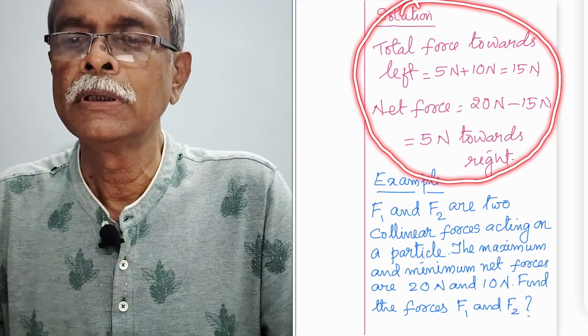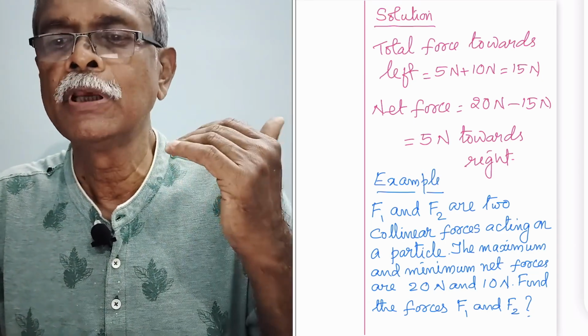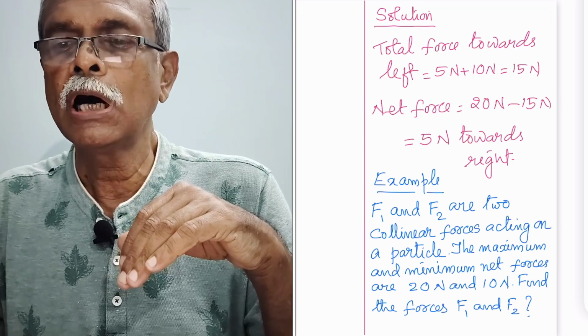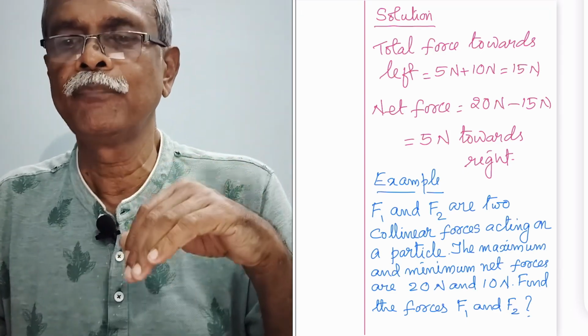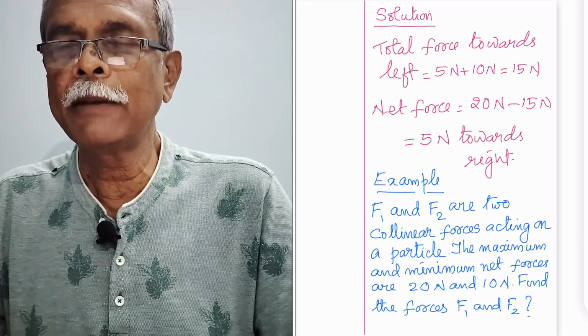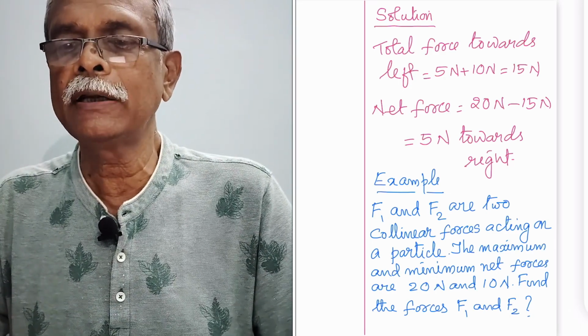Next example is a bit higher level example. F1 and F2 are two collinear forces acting on a particle. The maximum and minimum net force are 20 Newton and 10 Newton.